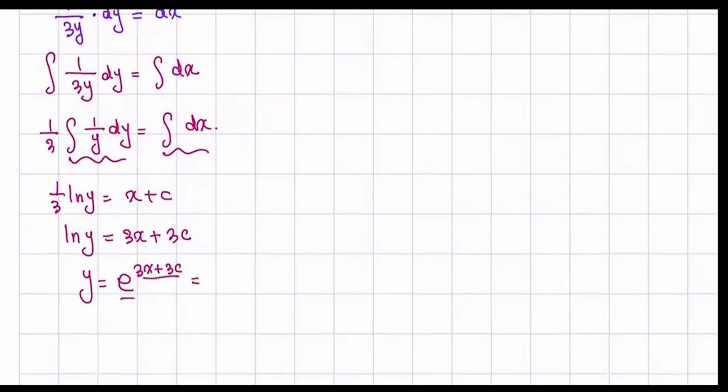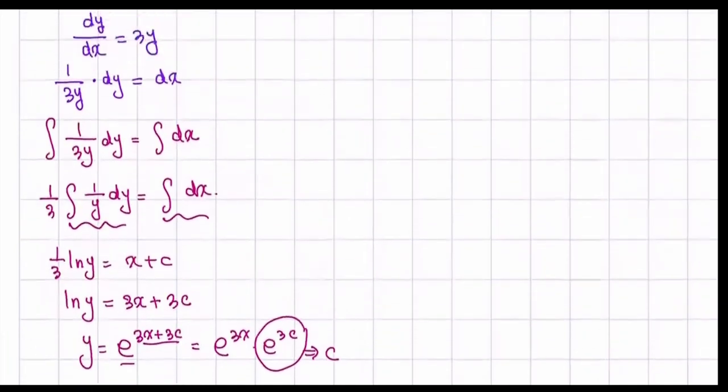Separate these: e to the power 3 times x, e to the power of 3 times c. You can write just c because this is a constant and is undecided. So y equals c times e to the power of 3 times x.